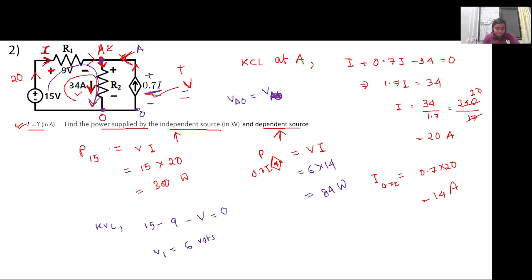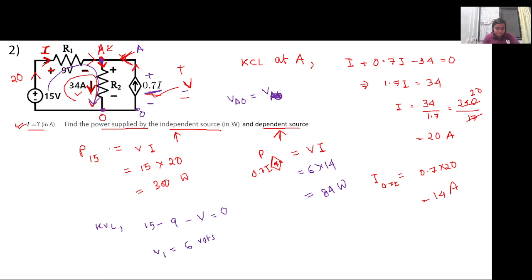Now calculate R1 and R2. So I'll just write it. This is 14 ampere current. This is 20 ampere current. The voltage across this is 6 volt. Now we have to calculate R1 and R2. The voltage across this and the voltage across R2 will be the same, and we are given the current, so we can easily calculate the unknown resistance R2, right?